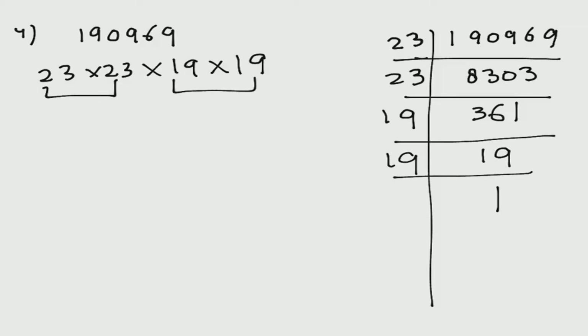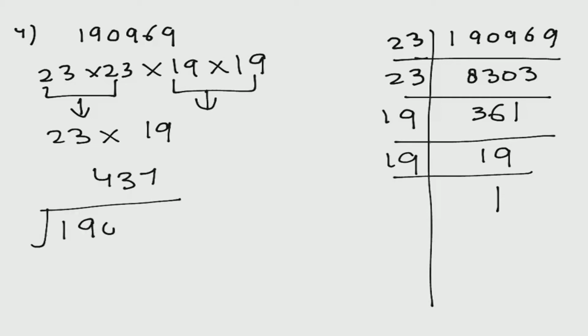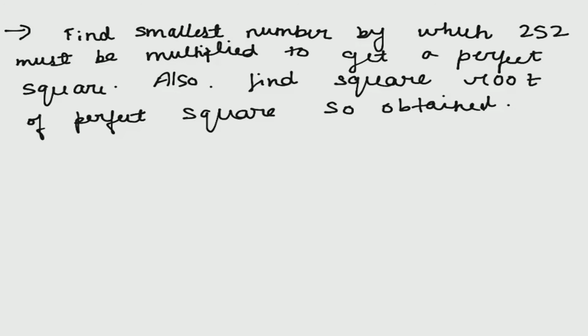So we will make the pairs. We will get 23 over here and 19 over here. And 23 times 19 will give us 437. So it means the square root of 190969 will be equal to 437.